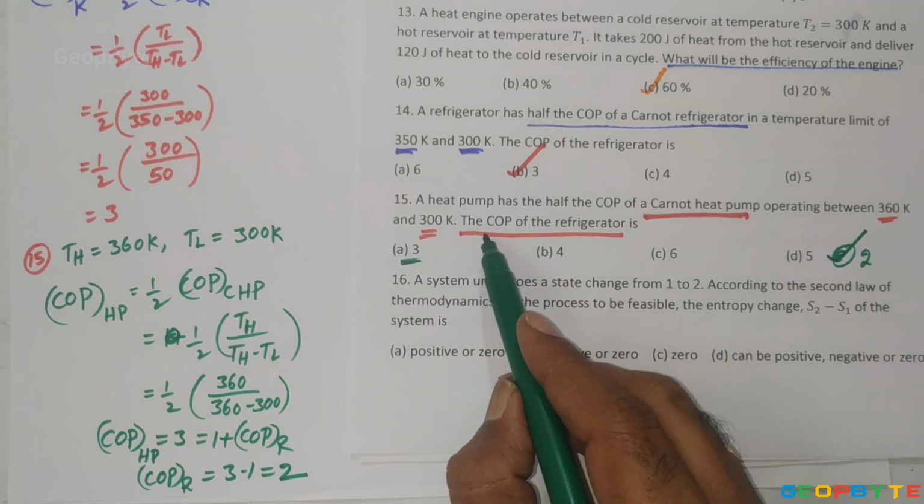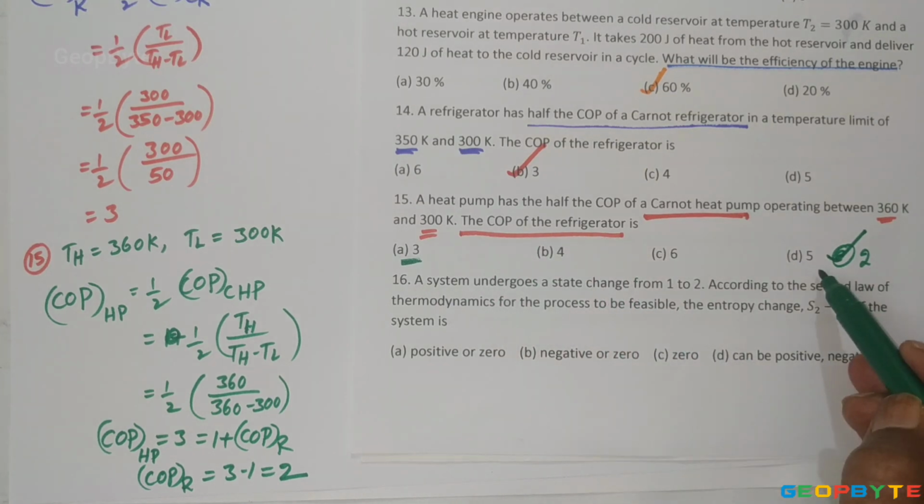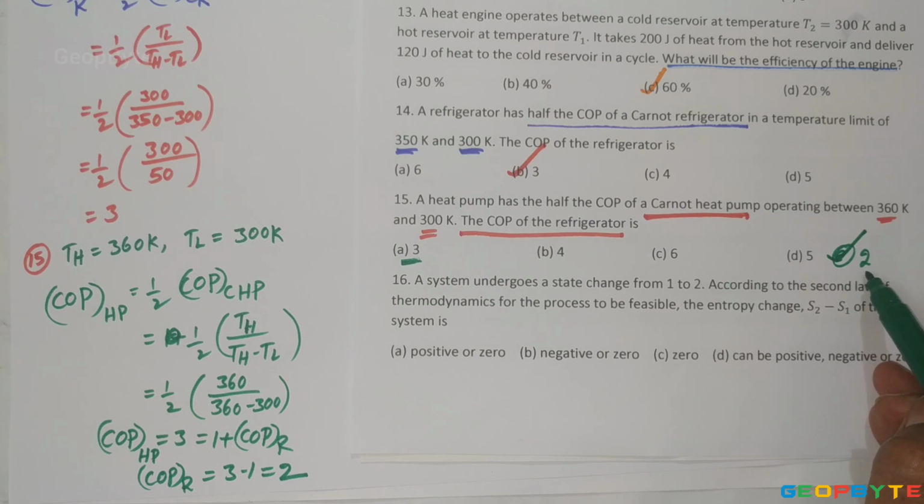But it is asking the COP of refrigerator. Therefore, option E, that is 2. If the COP of the heat pump is 3, definitely COP of the refrigerator is the COP of the heat pump minus 1. Since COP of the heat pump is 3, definitely COP of refrigerator must be 2.